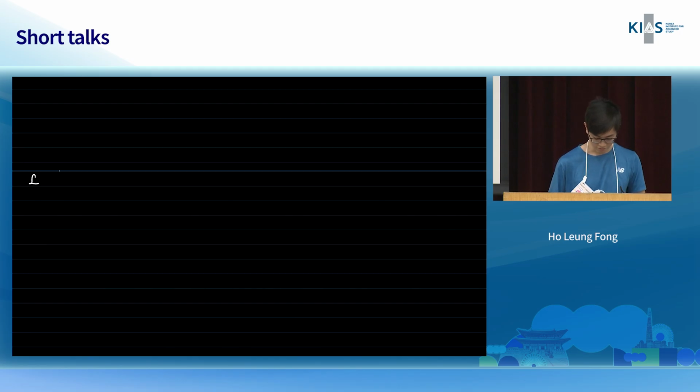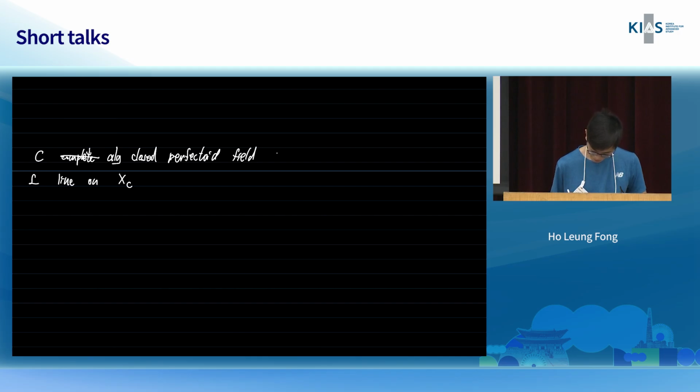So let me fix L a line bundle on X_C, where now C is a complete algebraically closed perfectoid field over F_q.